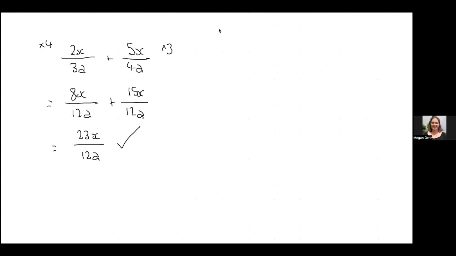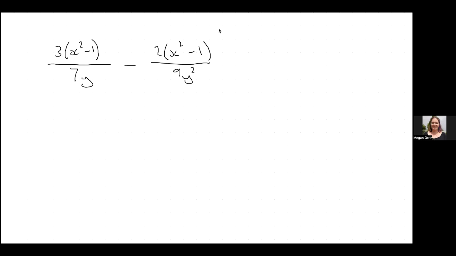Actually, I think I might need more of the page. All right, I'm going to do this. All right, so this is more complicated.